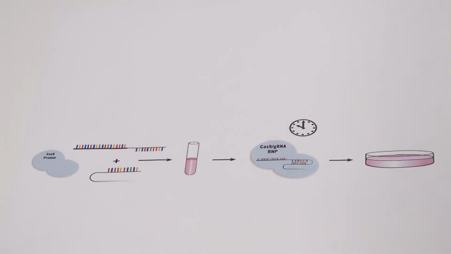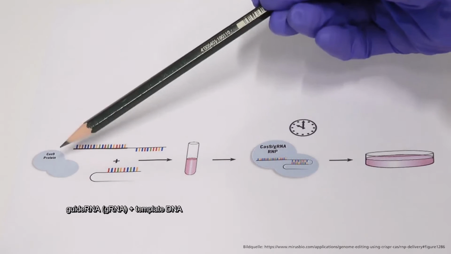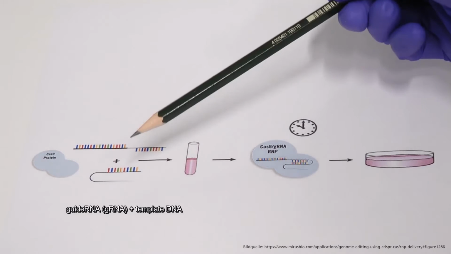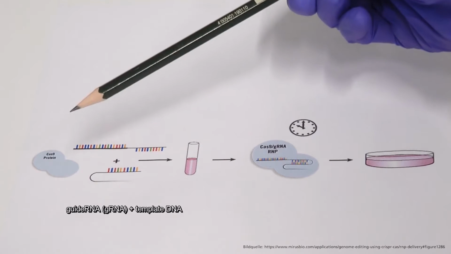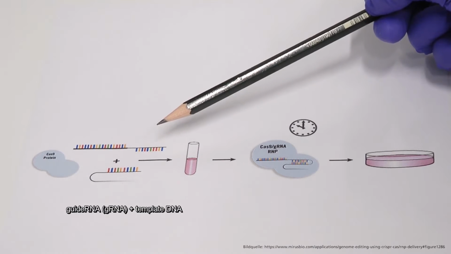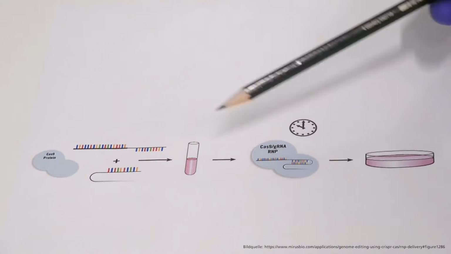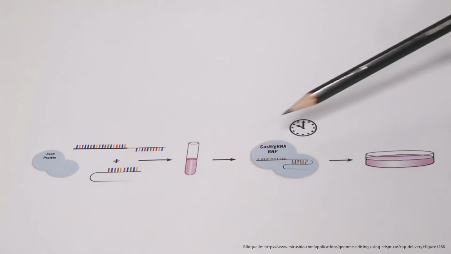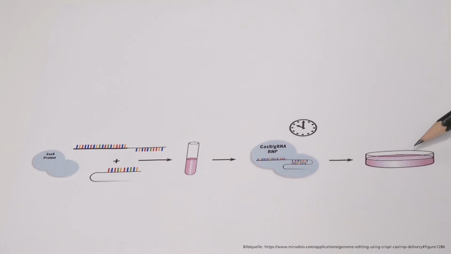And the way it happens in the lab is the following. We provide nucleases, we provide RNA to specifically target nucleases to the site of the cut. We also give the complementary sequence for the DNA to be replaced. We incubate it together for some time, and then we add it to cells.